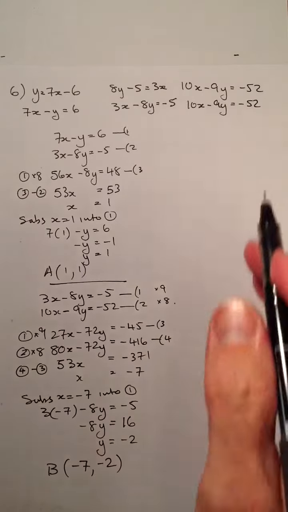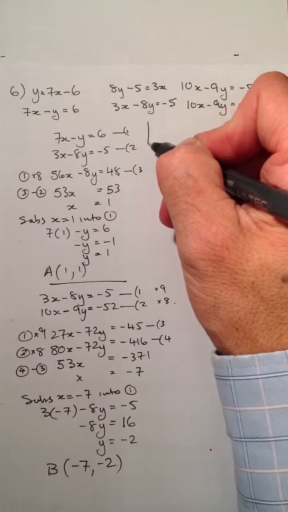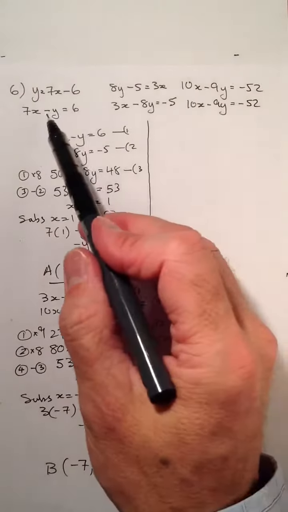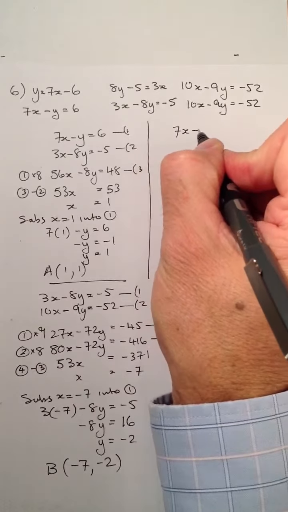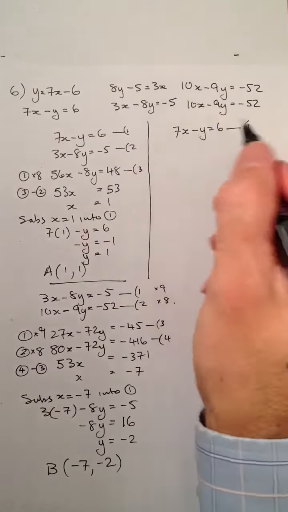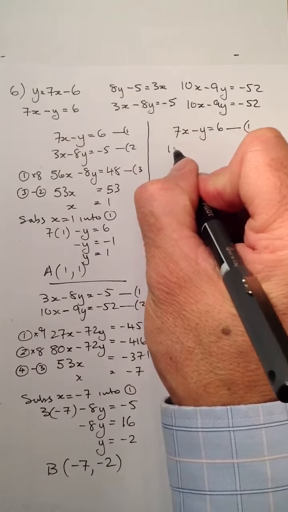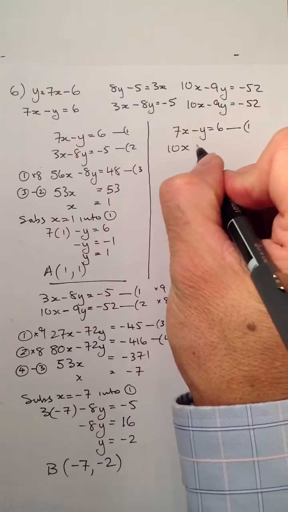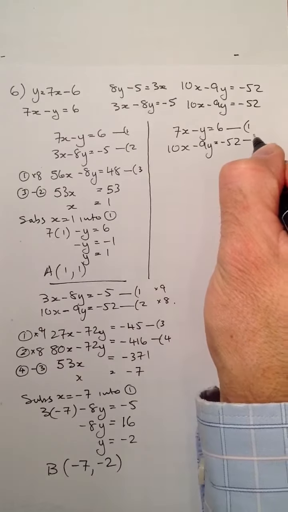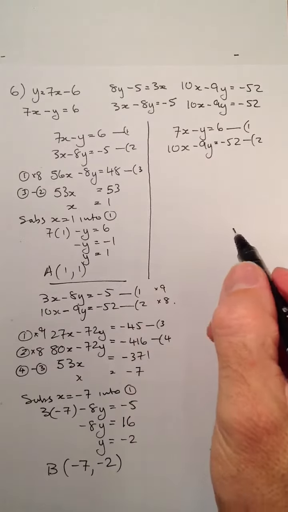Okay, right, for my third part, I'll use the equation 7x minus y equals 6 as my equation number 1, and the pair that I haven't used, 10x minus 9y is equal to minus 52, as my equation number 2.